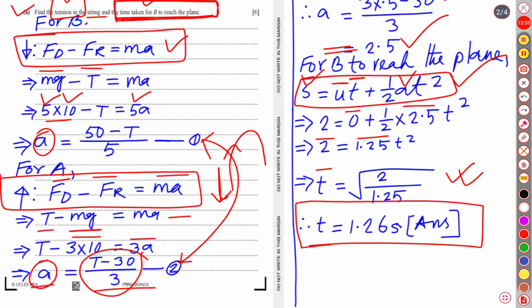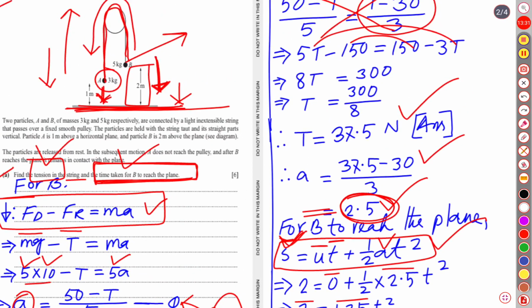Whenever we obtain the tension as well as the acceleration, look, this is the acceleration. It has been reused in the solution of part B, that is, the time taken for B to reach the plane. We know S, the displacement or distance, because it is given here. It's given as 2 meters; from the figure we can see it is 2 meters.